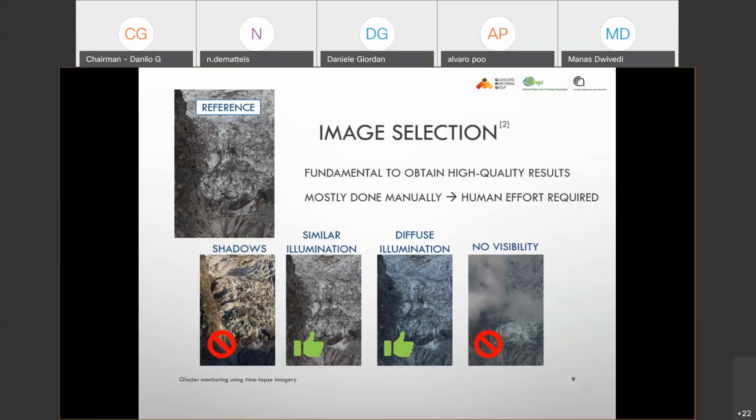This is because a different pattern of shadows can disturb the calculation and introduce errors in the results. And of course, it is mandatory that the scene, the process that we are monitoring, is visible. Therefore, during night or during bad weather, this monitoring approach is not applicable.